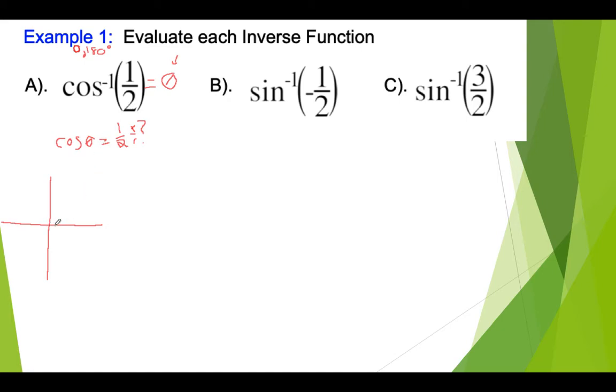So it has to be between 0 and pi, or 0 and 180. So it has to be in either quadrant 2 or quadrant 1. Well, since it's positive, it's going to have to be in quadrant 1, right? Because if it's in quadrant 2, the x value would be negative, so this would be negative. So we have to pay attention to that. So we know our r is going to be 2, and our x is going to be 1.